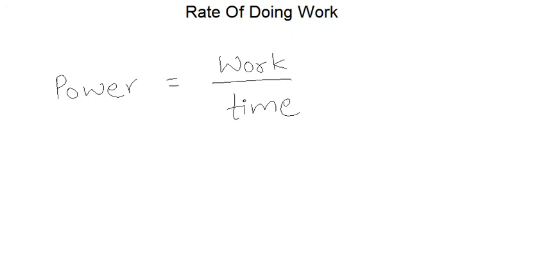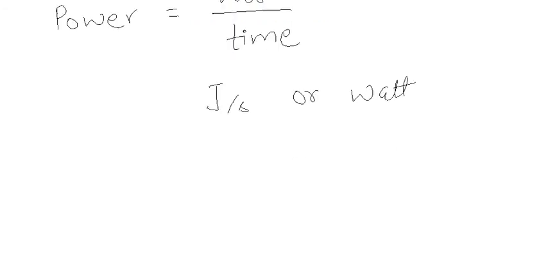The unit of power is joule per second or watt. 1 watt can be defined as doing 1 joule of work in 1 second. We generally use the word kilowatt. It is equal to 1000 watt.